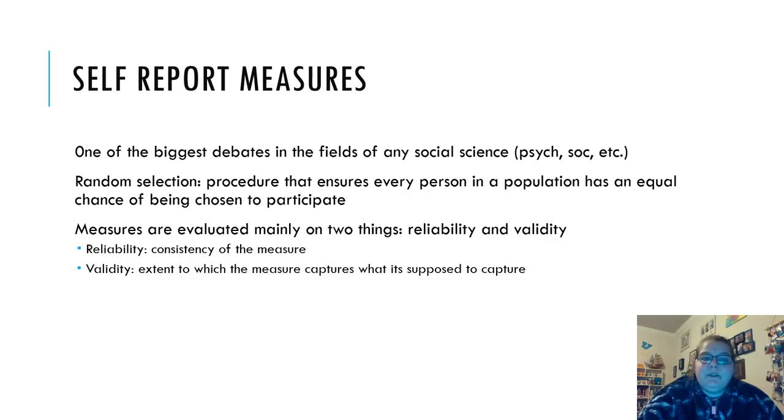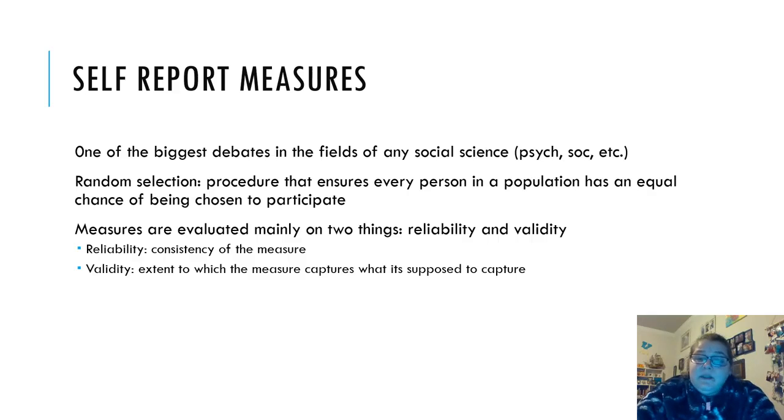So, self-report measures. This is one of the most widely debated things in the field of psychology. Typically, if you're using self-report measures, you want to use random selection to get your participants, which is a procedure that ensures every person in a population has an equal chance of being chosen to participate in your study.